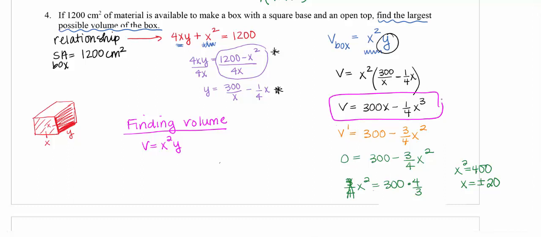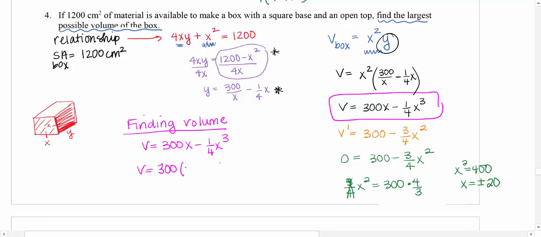Okay, it's entirely up to you. Since I have my x, I think that's probably where I will go. So I'm going to put it back in there, and I'm going to say that volume in terms of single variables, 300x minus 1/4 x cubed, and I now know that my x should be 20 because I don't think a side length and a volume of negative 20 is going to help me very much. So I'm going to use the positive 20 for that side length.